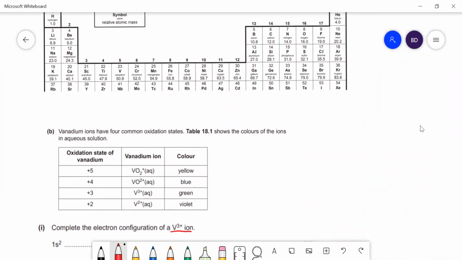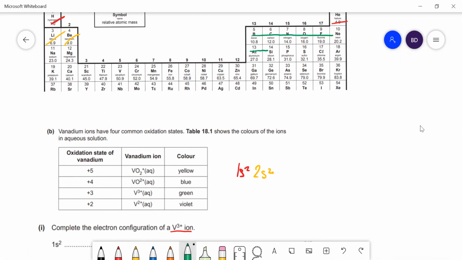There we've got 1s2 filled up, 2s filled up, 2p filled up.